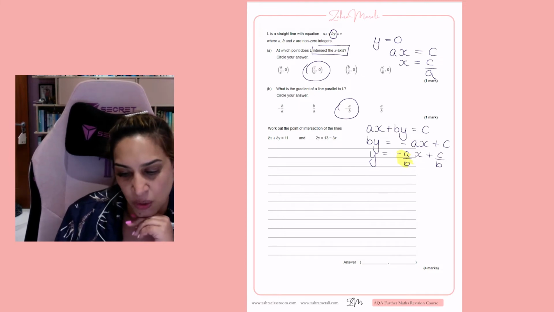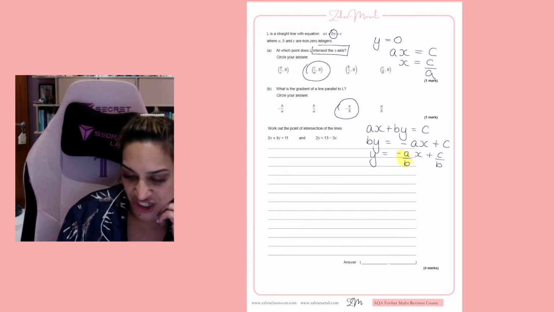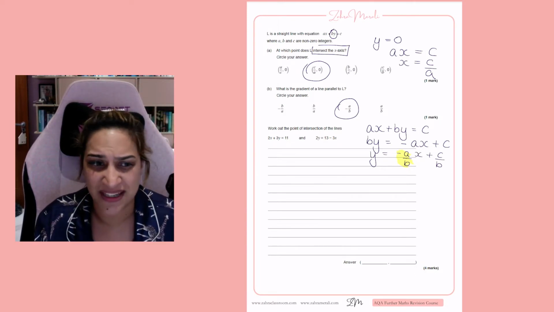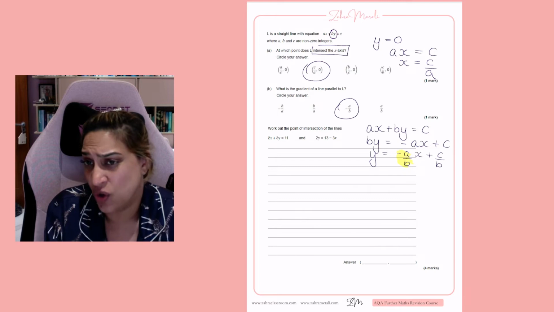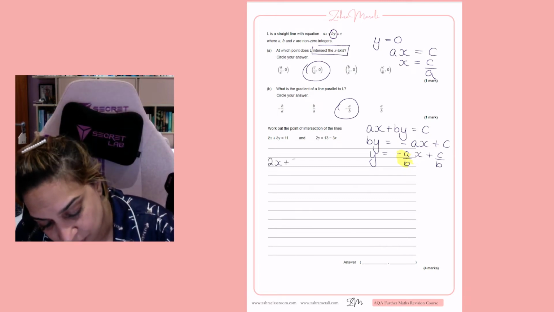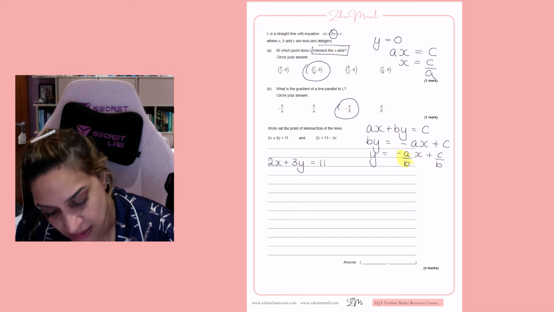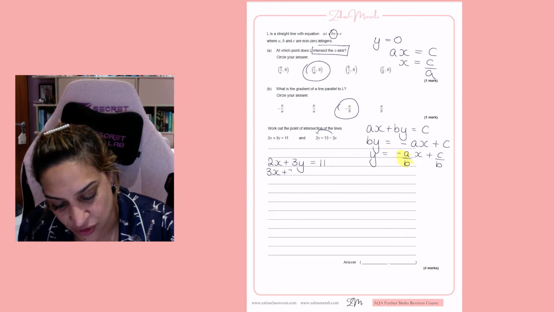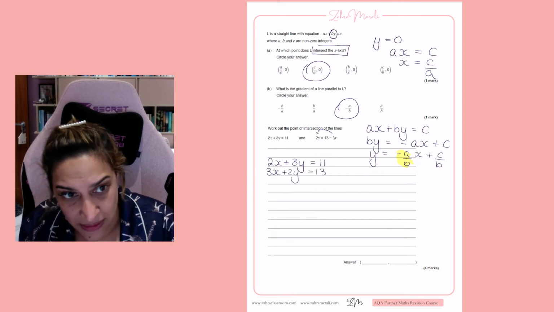Okay, now they've got to work out the point of intersection of the lines. Okay, so we've got simultaneous equations again, just in context. It's what we use them for. So we've got 2x plus 3y equals 11. I'm going to bring that 3x over, and we get 3x plus 2y equals 13.